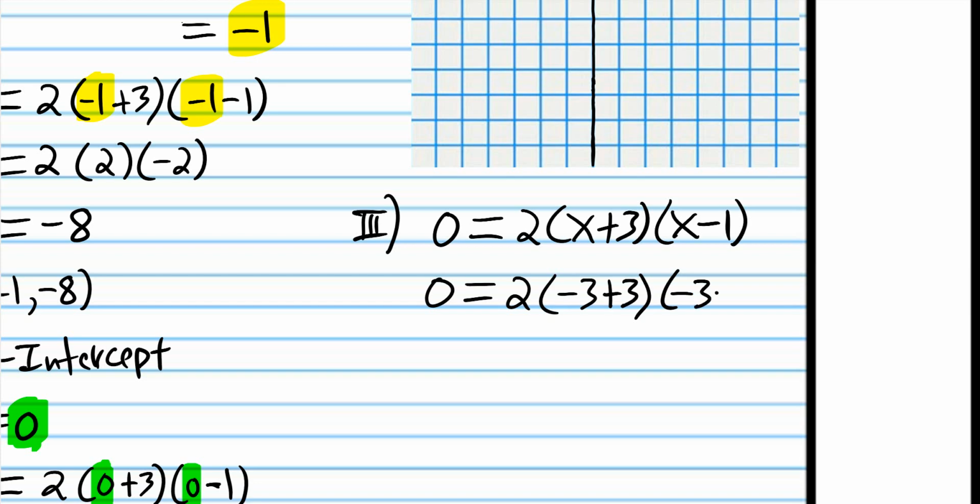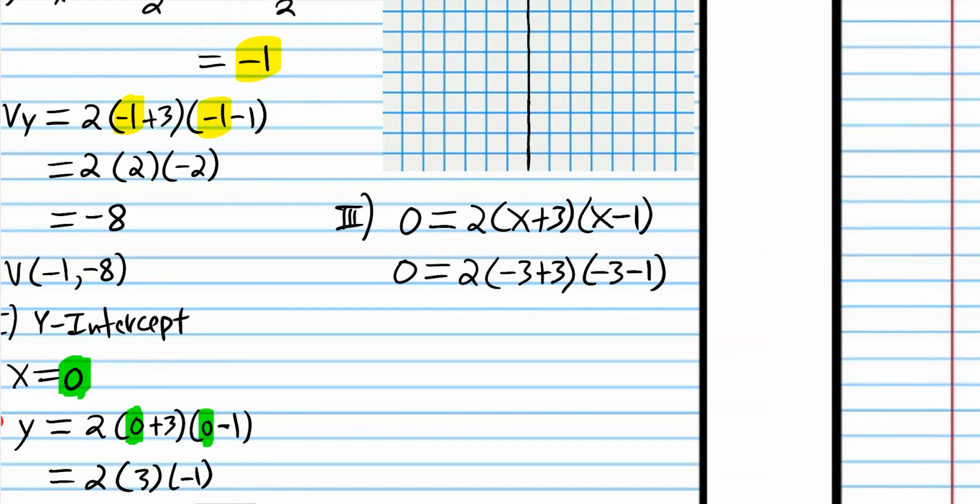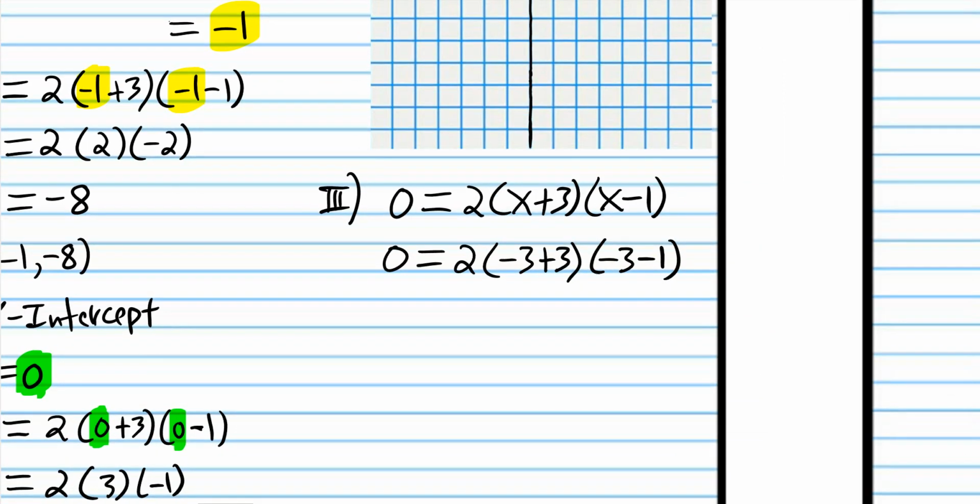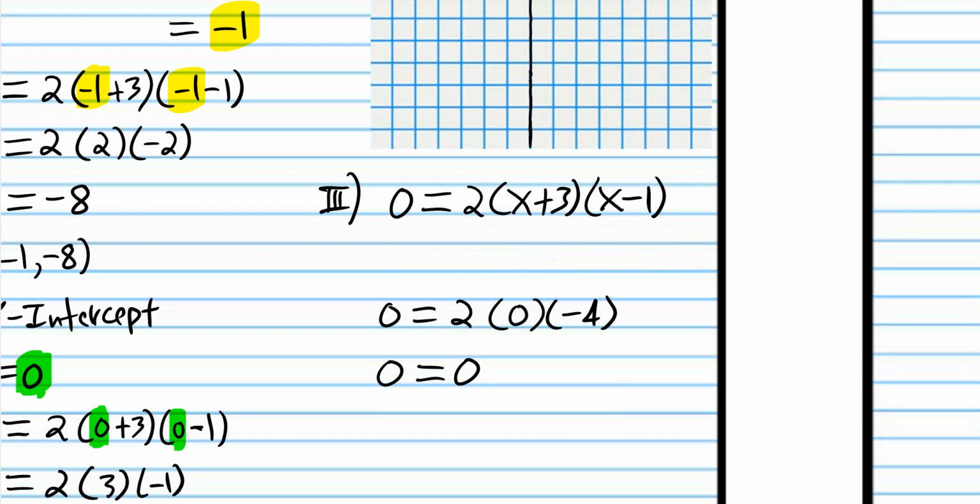I explained this briefly in previous classes. So I plugged in -3 for x, and so now we get 2 times 0 times -4, and 0 times any number has to be 0, so you're just going to get 0. So it works. So that's why -3 is an x-intercept. If you do the same thing with +1, plug it in here, then you'll get 0 also.